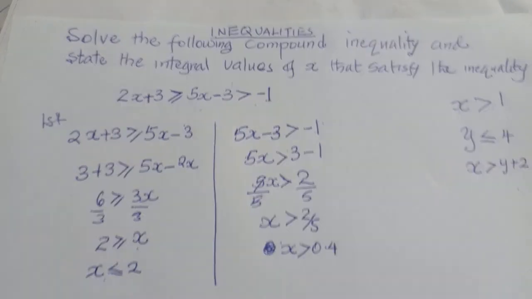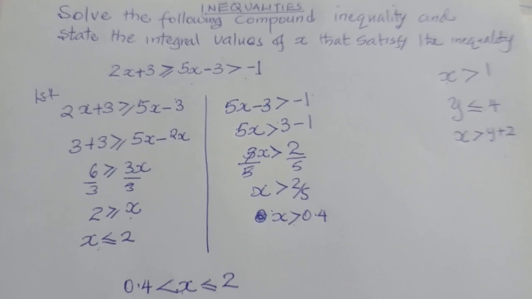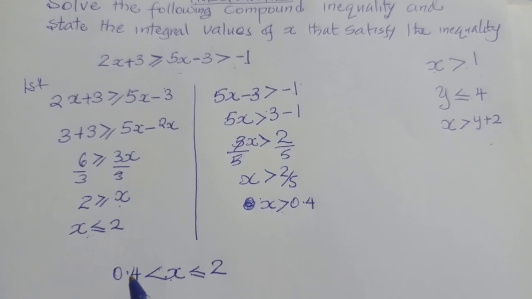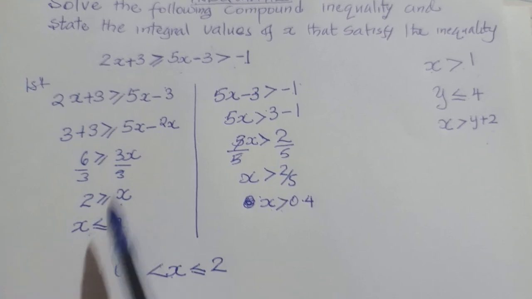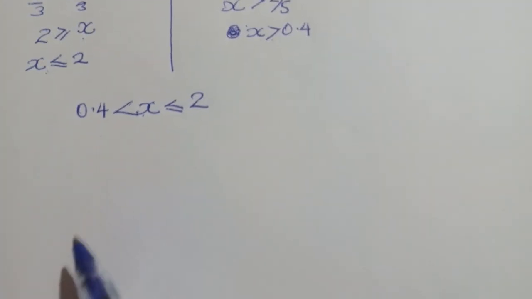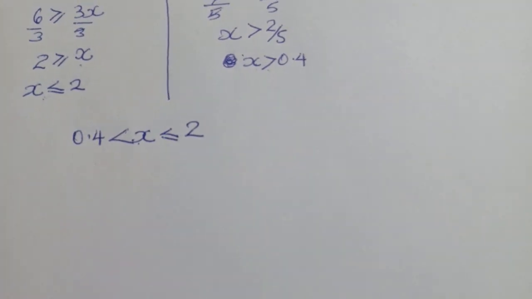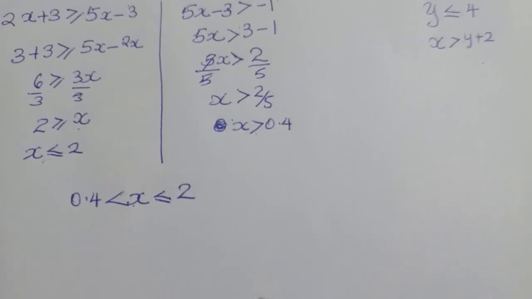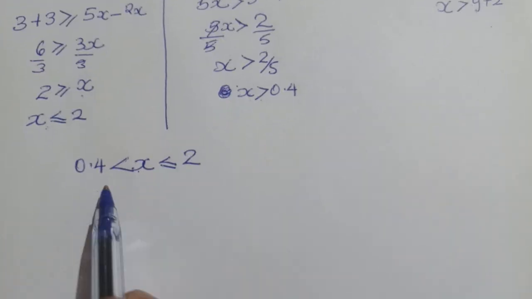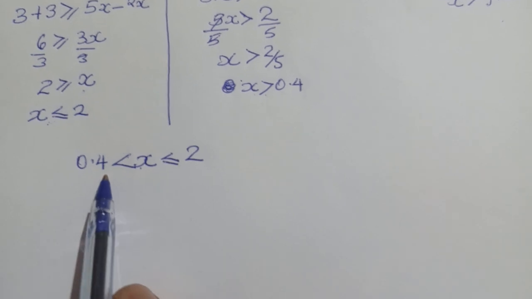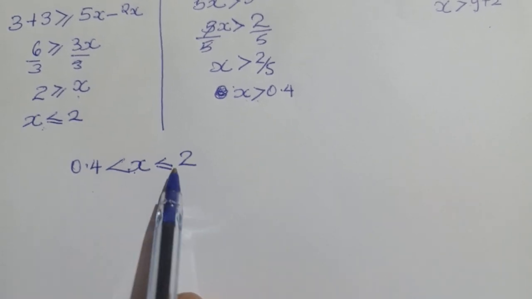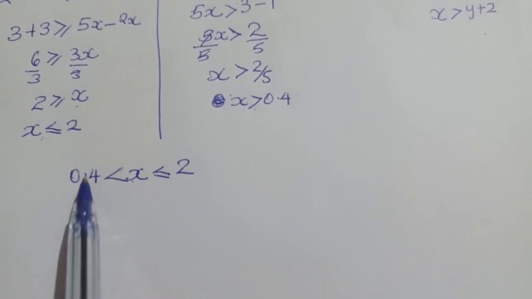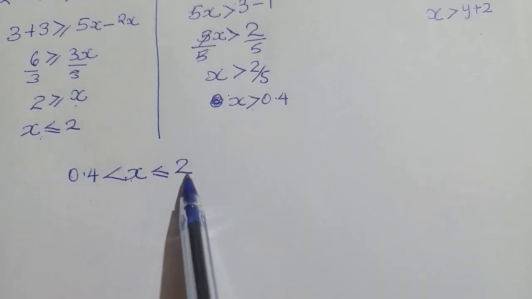Now, remember, we were also asked to state the integral values that satisfy the inequality. So how do we get that? Integral value, the term integral comes from the word integers, whole numbers. So in other words, we are being asked to state the whole numbers that are in this range between 0.4 and 2.